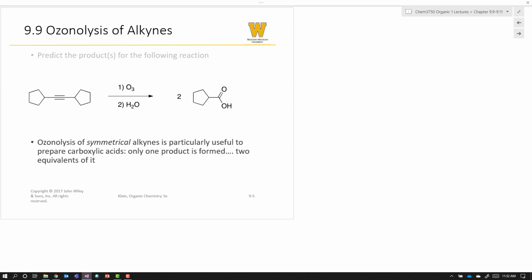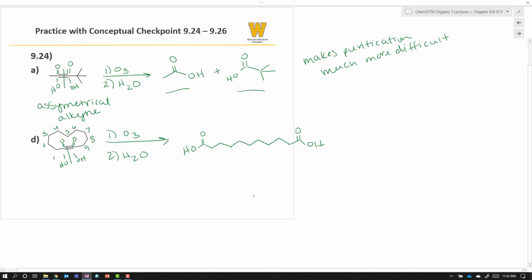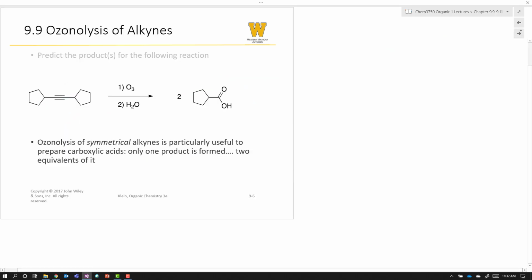You're not working in the situation where, in that one previous problem, we had two different carboxylic acids. And so this makes the purification much more difficult because you're having to separate two different things from each other, much more difficult with the asymmetrical alkyne.